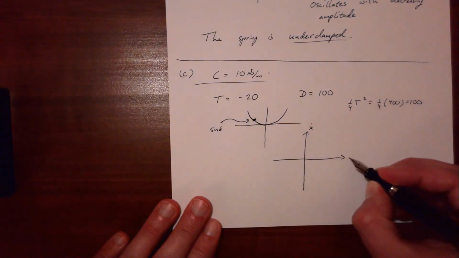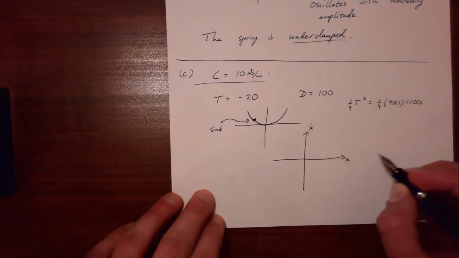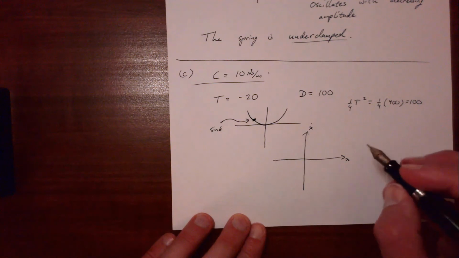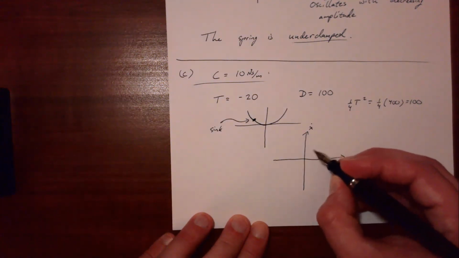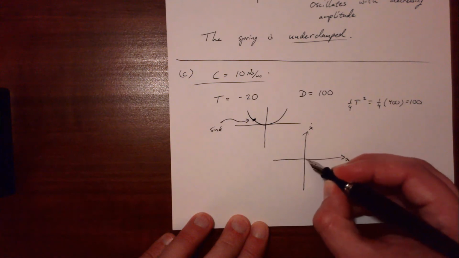So this is the case of a repeated eigenvalue. So we get a nearly spiraling sink here.